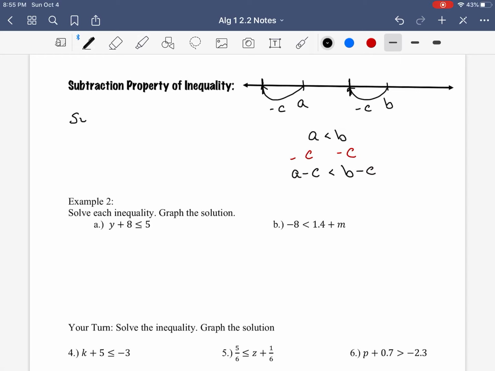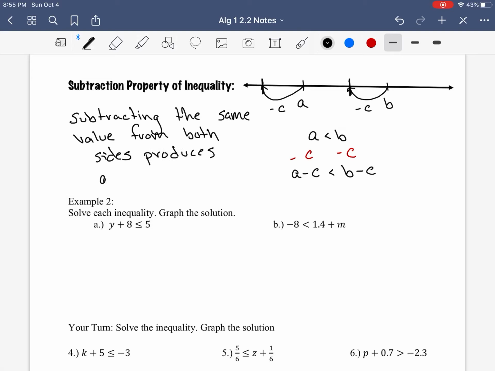So it's very similar to our last one in that subtracting the same value from both sides produces an equivalent inequality. Let's go back and look at that vocabulary.